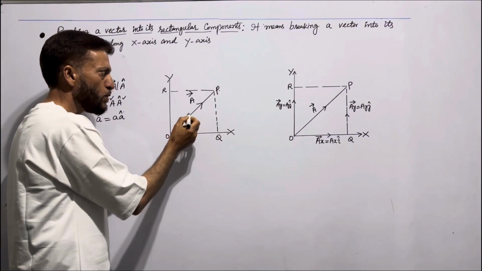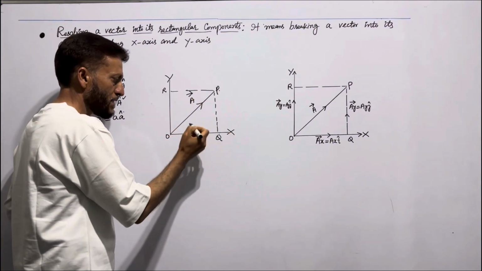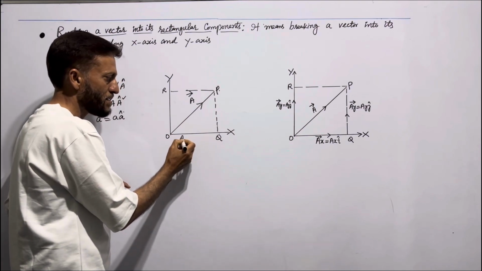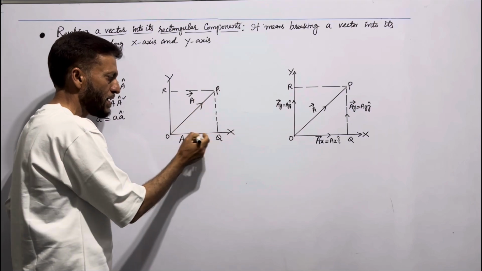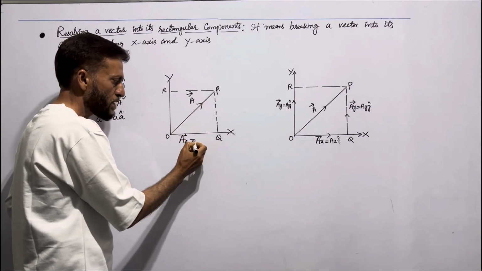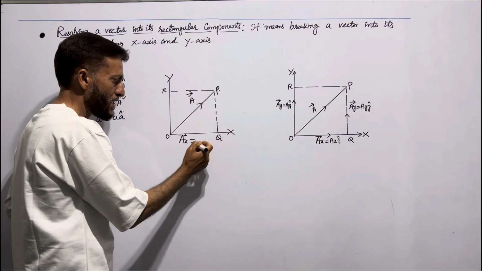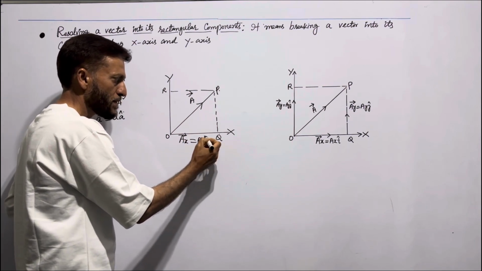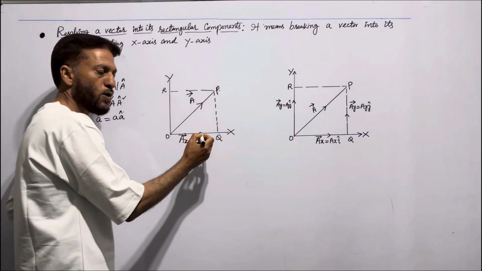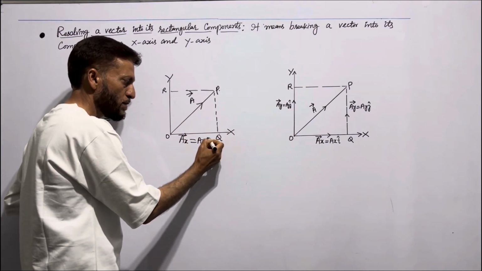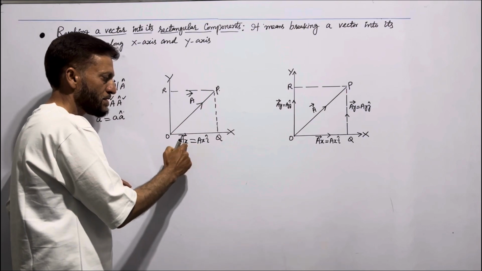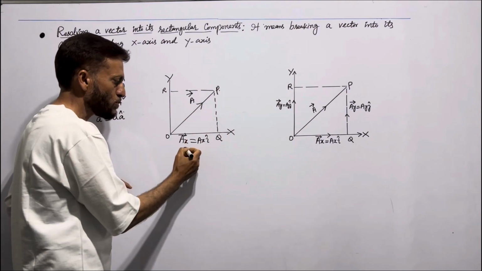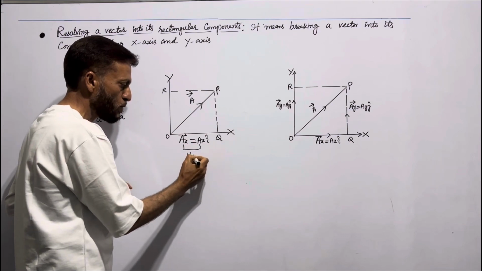Let the component of A along OX be denoted by AX. AX is the component of vector A along x-axis. So AX can be represented as magnitude of AX into unit vector, but the unit vector along x-axis is denoted by I cap. This is x component of vector A. It is also known as horizontal component.